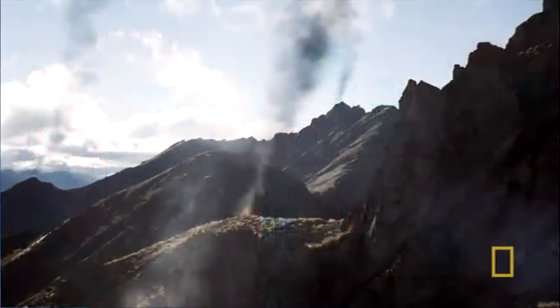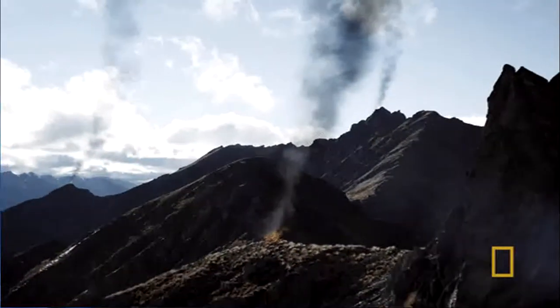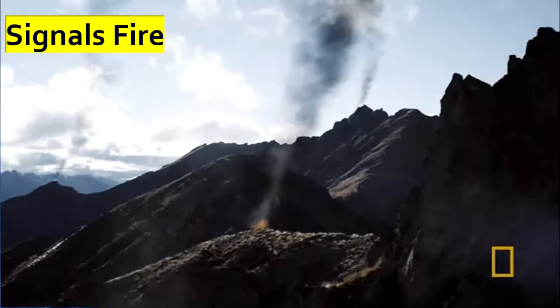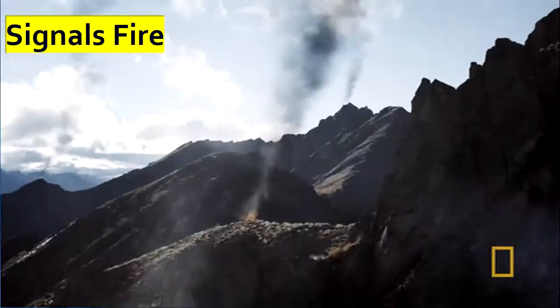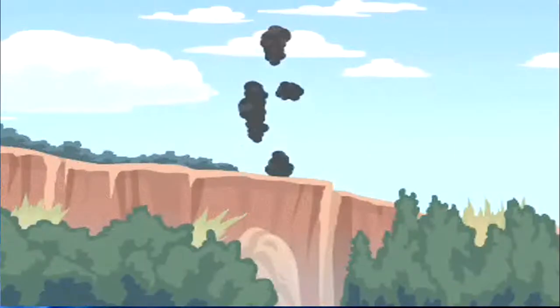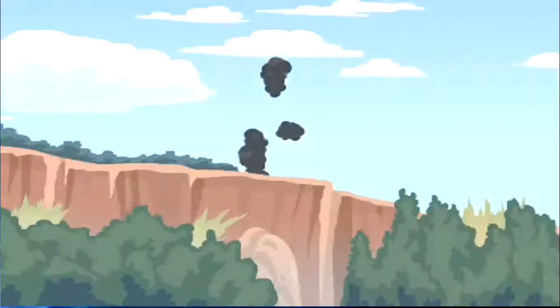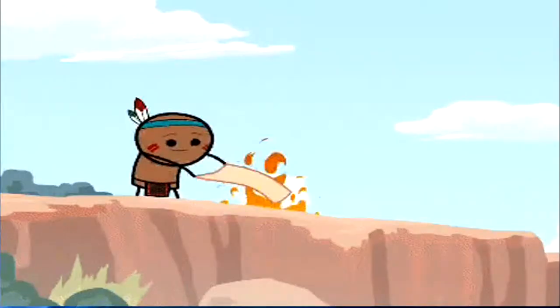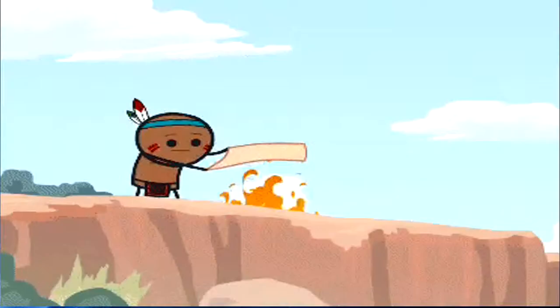Now, before electricity, early communication methods included signal fires, the early humans were using smoke signals. These are some of the early communication methods.